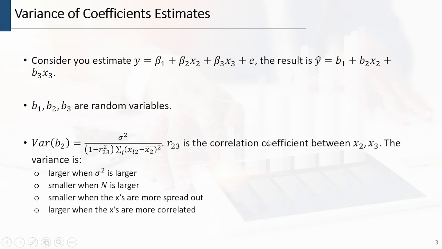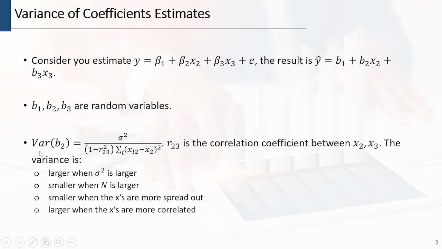The variance of b2 tends to be larger when sigma squared, the variance of the error term, is larger. This is very easy to understand, and it is the same as the property of simple regression estimators. When the variance of the error term is larger, it's harder to get an accurate estimation of beta 2.